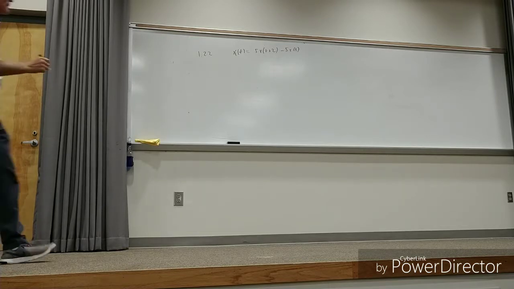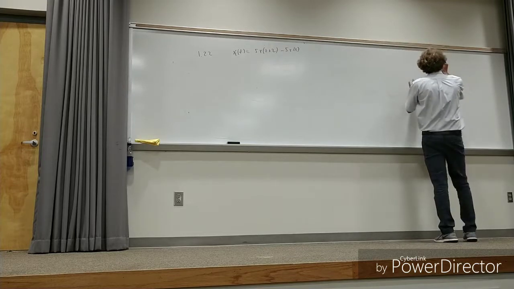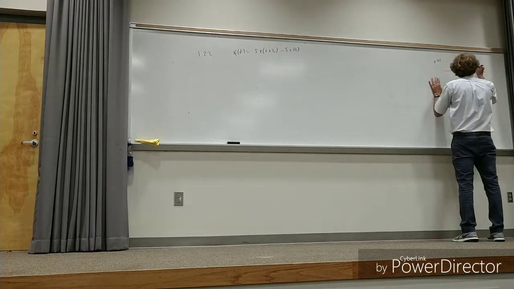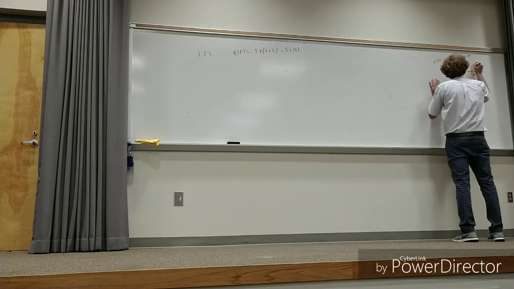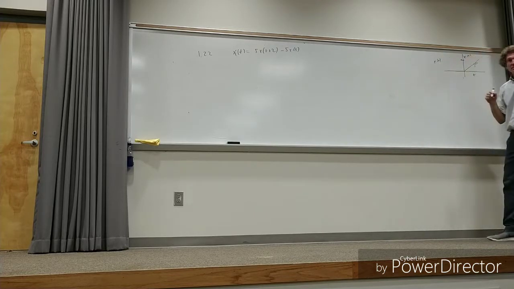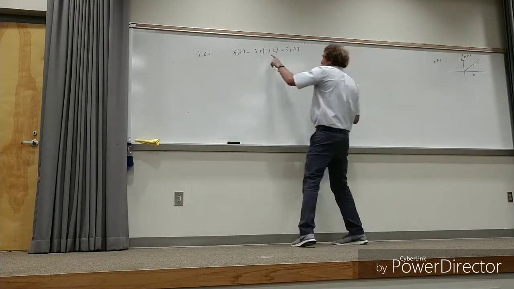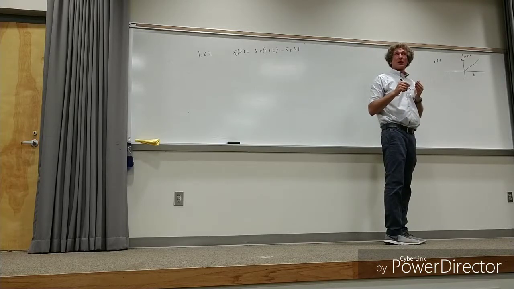So work with me. First, the ramp function itself, r of t, looks like this. Right, class? All right, now take a look at this. What does r of t plus 2 look like? Where does it start?